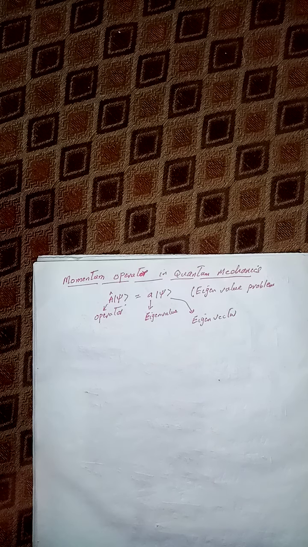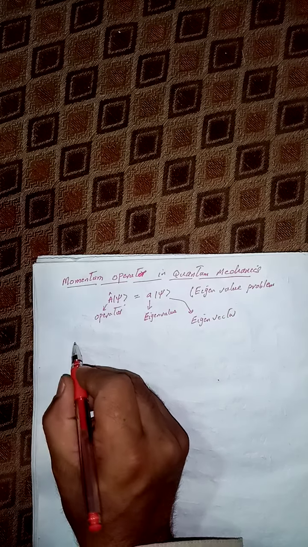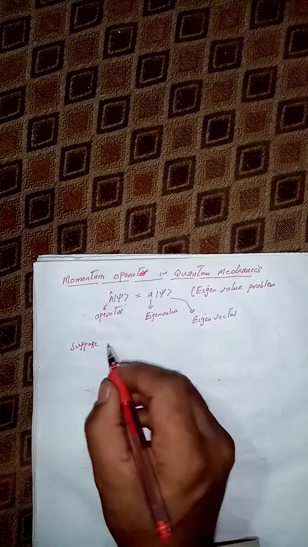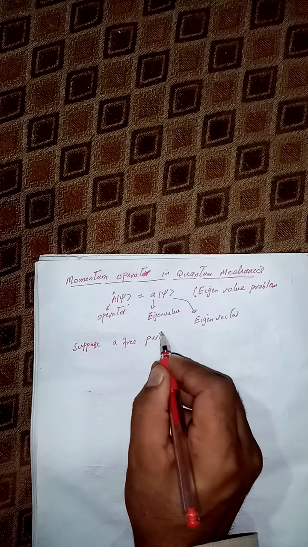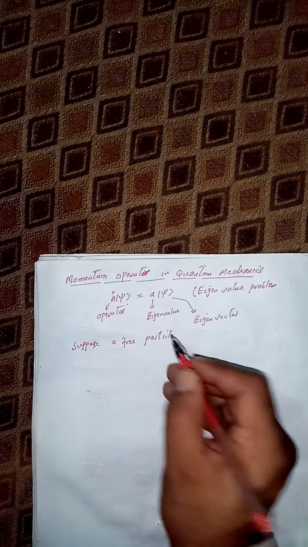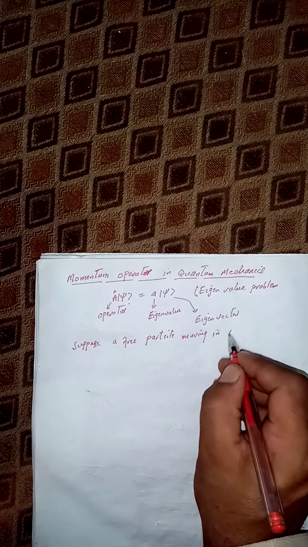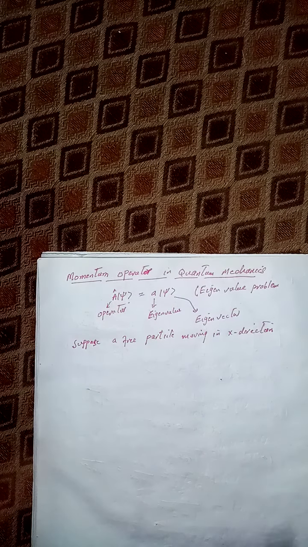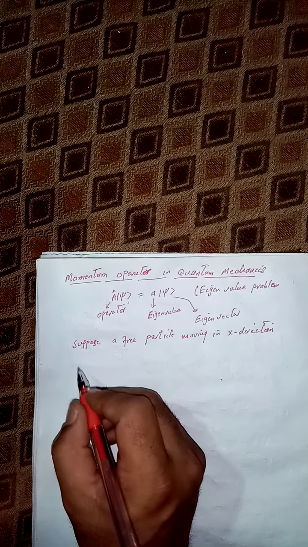Now we will calculate the momentum operator in quantum mechanics. Suppose a free particle is moving in x direction. If a particle is moving, then there is a wave associated with that particle.